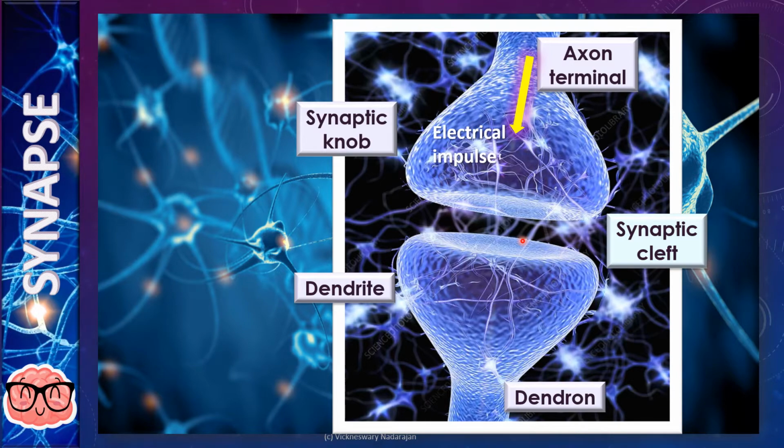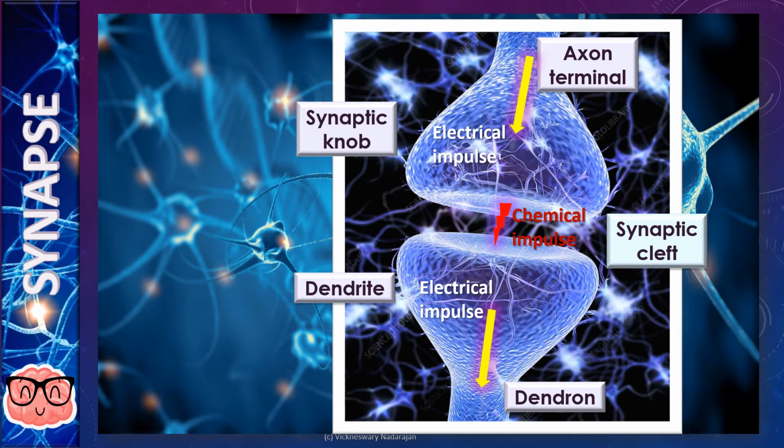So what's going to happen is a chemical impulse will be generated using the neurotransmitters, which I will be teaching you shortly. And then that chemical impulse will once again start off an electrical impulse in the dendrite, which will then be transmitted along the nerve fiber. So this is the structure of the synapse.